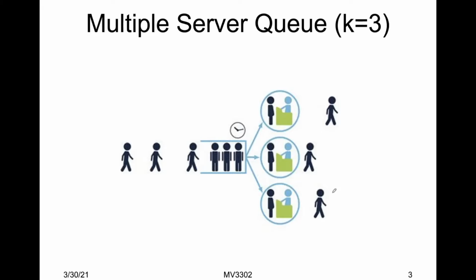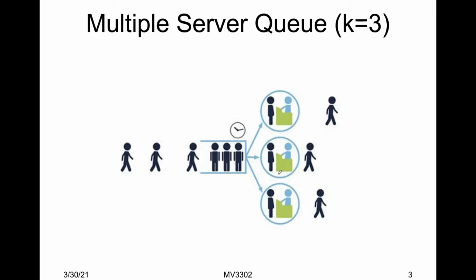And if you've ever been to a bank or a ticket counter or virtually almost anything else, you will have encountered a situation like this. Okay, so is it clear what we're modeling?